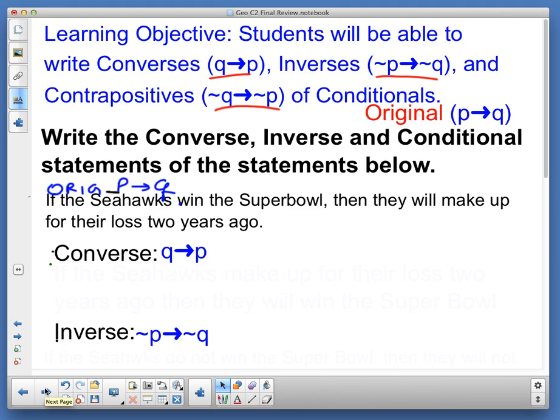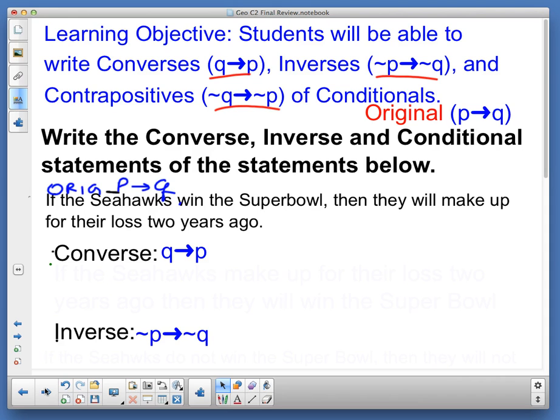Okay, so now, if the Seahawks win the Super Bowl, then they will make up for their loss 2 years ago. Okay, this is a statement. The converse switches the hypothesis and conclusion's positions. So when I switch those positions, if the Seahawks make up for their loss 2 years ago, then they win the Super Bowl.